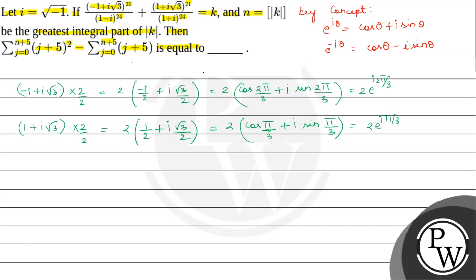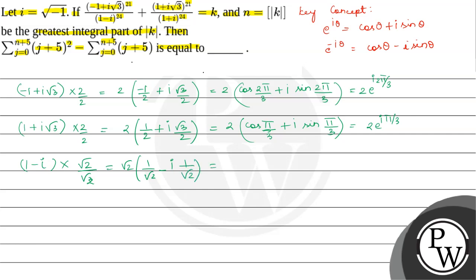Now we have 1 − i. If we multiply and divide by √2, we get √2 into (1/√2 − i/√2).